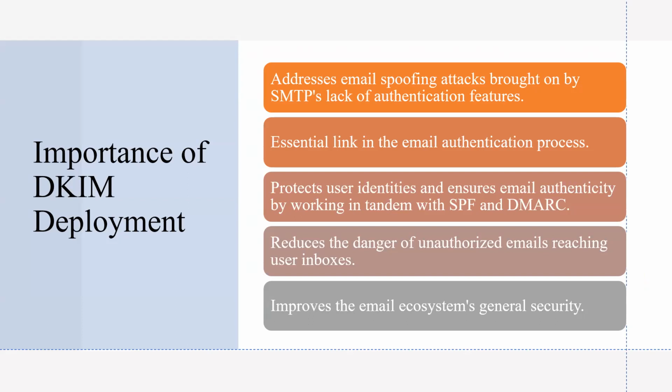What is DKIM and its importance? It mainly addresses the email spoofing attacks brought on by SMTP's lack of authentication features. It is an essential link in the email authentication process.